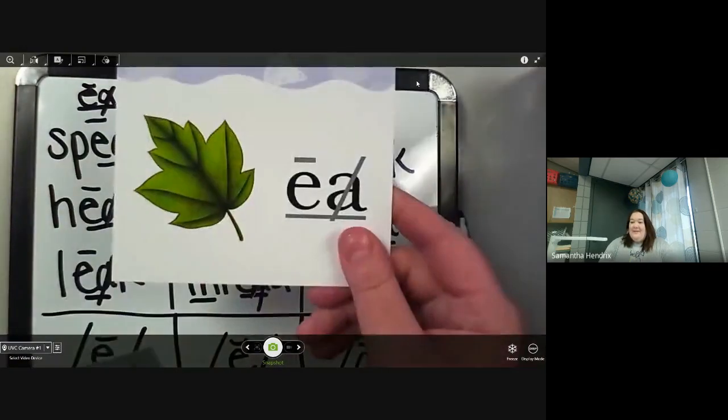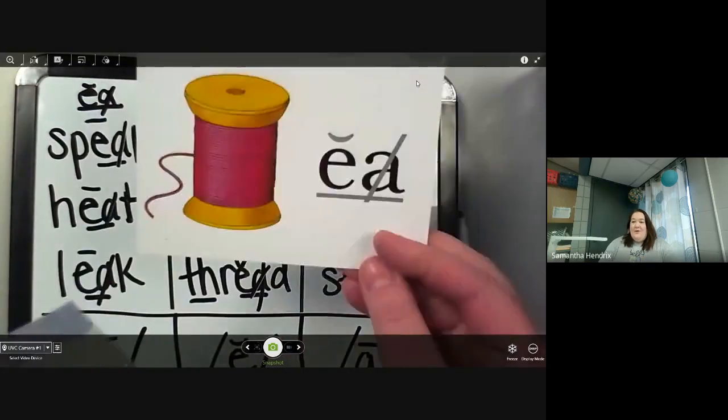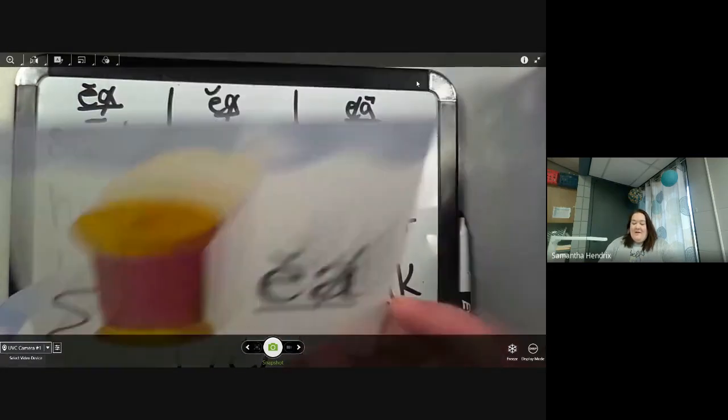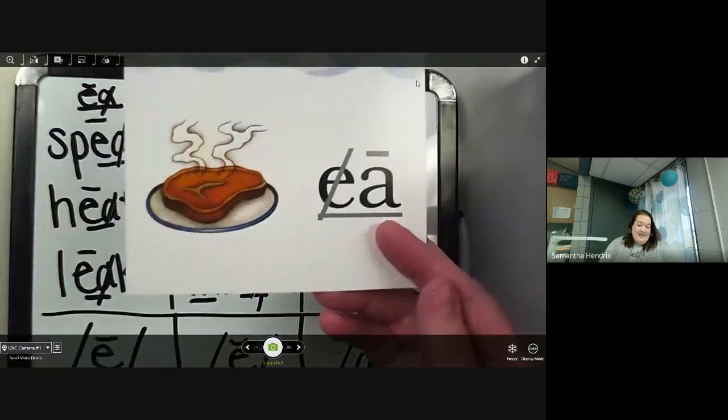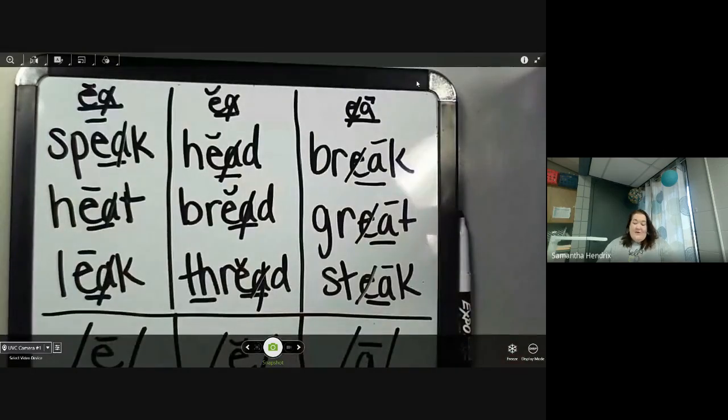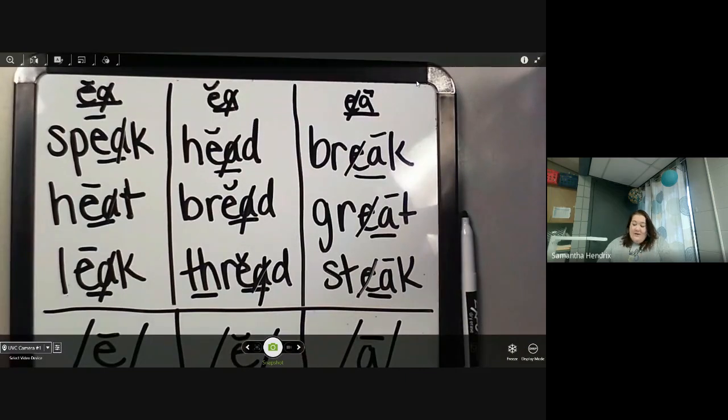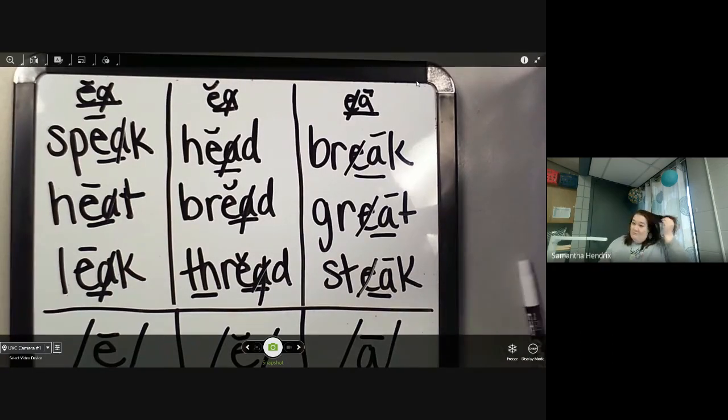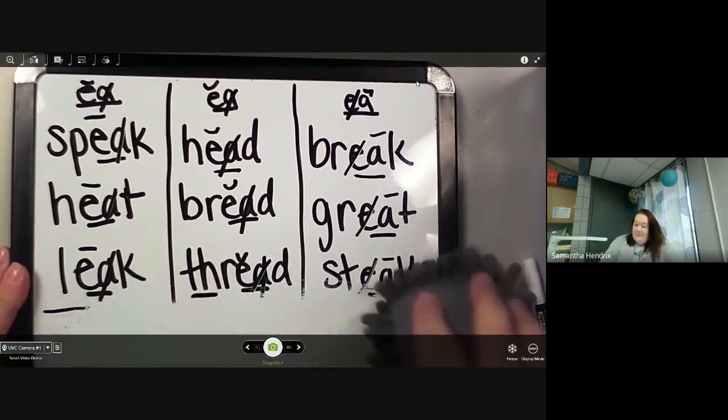So leaf, E, thread, eh, steak, A. So there's no rule to know which of the three sounds it will be, unfortunately. So you'll just have to try each sound until it sounds right, okay? Okay. So, here we go. We're going to practice some.